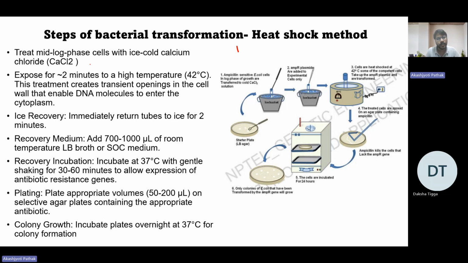I'm not going through the steps one by one. You pellet it down, then you add calcium chloride, keep it on ice for some time, and then you spin it again and discard the supernatant. There are many steps, but essentially the bacteria is treated with calcium chloride, which makes the cells competent. So once the bacteria is treated with calcium chloride, we get competent cells. So these are competent cells. Now the next step is what?